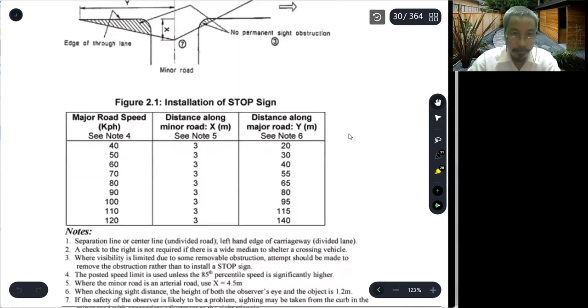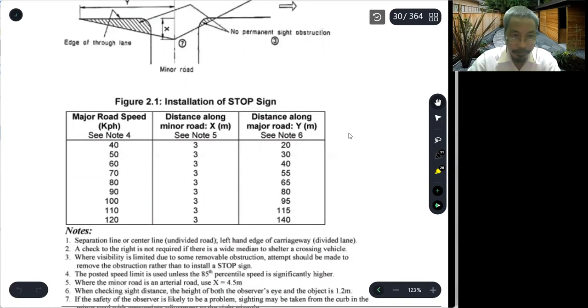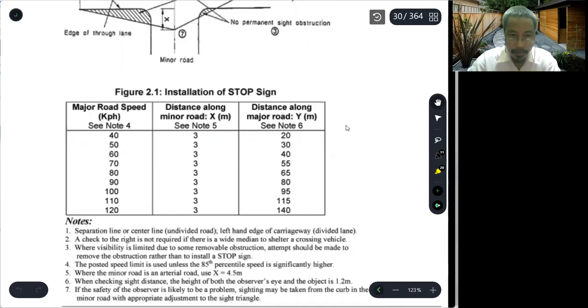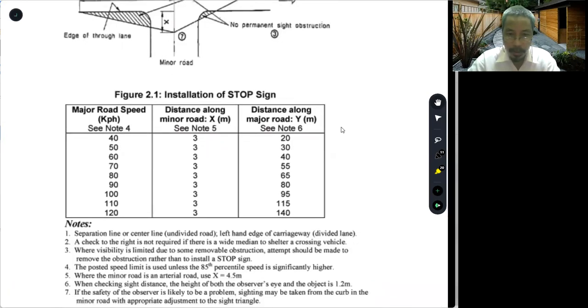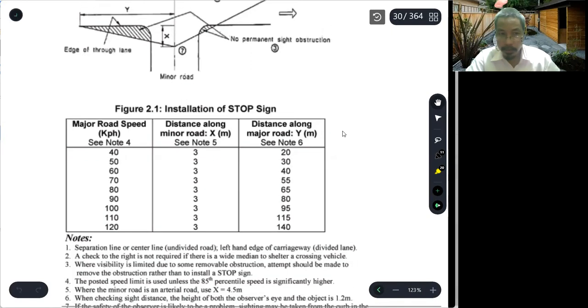Number four, the posted speed is used unless the 85th percentile speed is significantly higher. So compare this posted speed on this table to the 85th percentile speed.